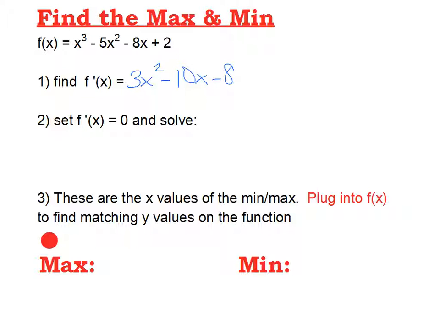Now remember that when the derivative was equal to 0, then you had that horizontal tangent, and we knew that that was going to be a max or min. That's what we're going to do. We're going to take the derivative and make it equal 0, and we're going to solve for x. We're going to figure out what x value will make that slope be 0. Looks like a nice factoring problem.